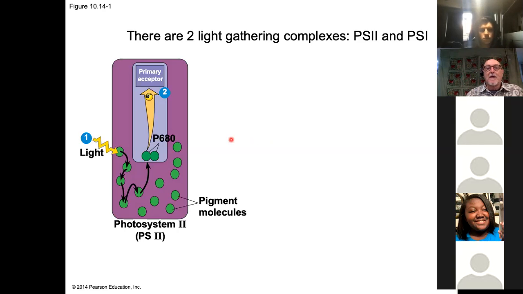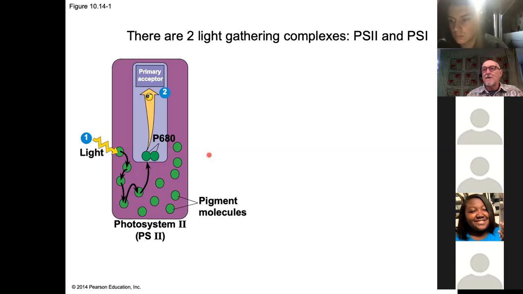So the chlorophyll and the pigments in the chloroplast are very, very carefully arranged. They are carefully arranged in the membranes of the thylakoids inside the chloroplast. They're organized so that groups of pigments lie really close to one another.